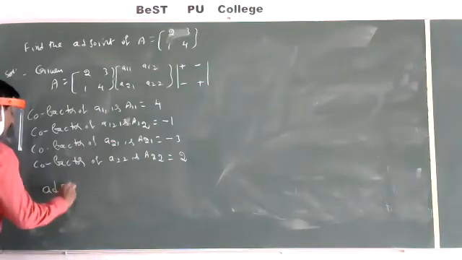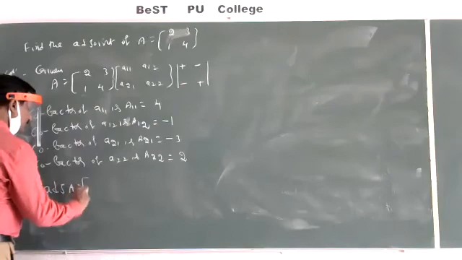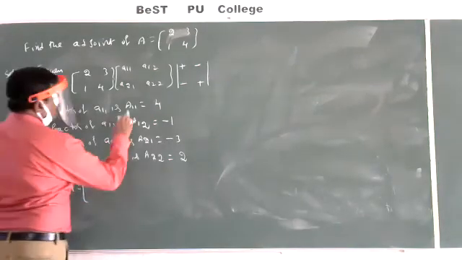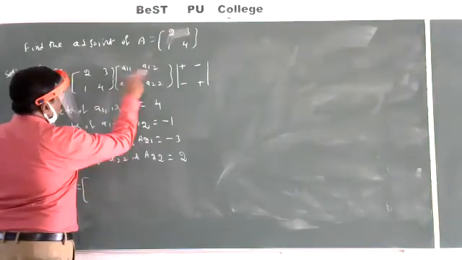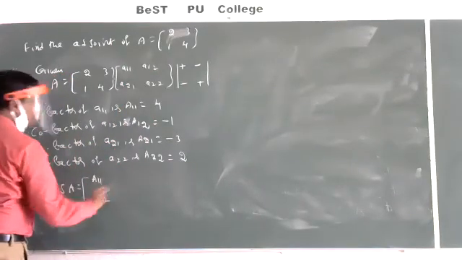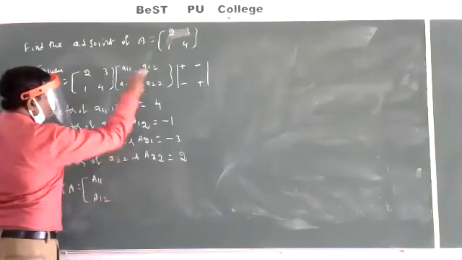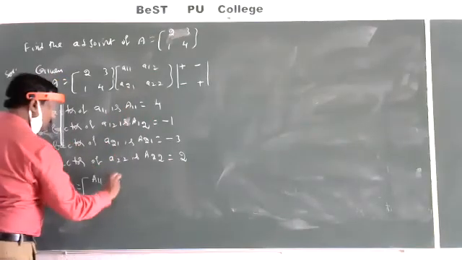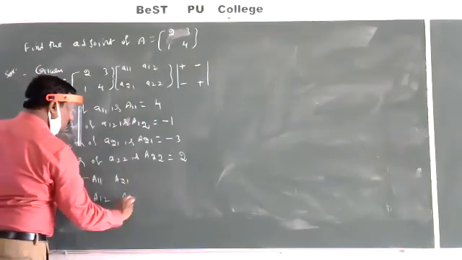Adjoint A equal to, you see that the first two elements are first row cofactors. Write them down in the first column, that is A11, A12. The second two elements are second row cofactors. Write them down in the second column, A21, A22.